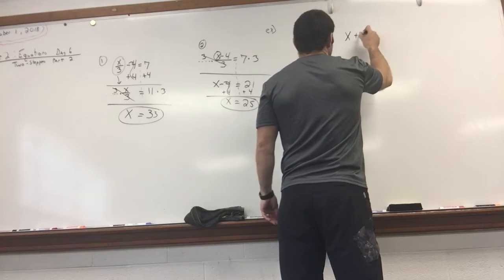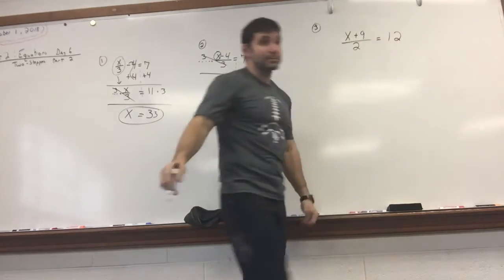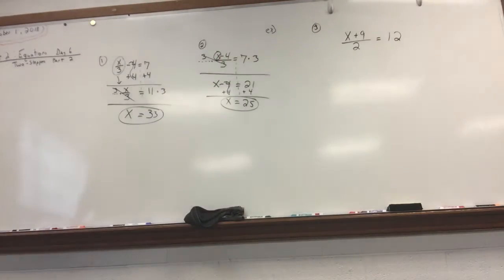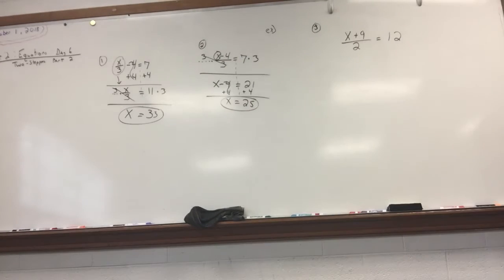X plus 9 over 2 equals 12. Give that a try. Remember, these are all 2-step problems. So I'd like you to pick up your pencils and write it down.